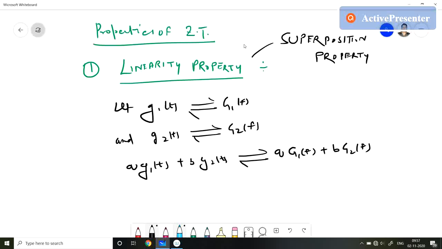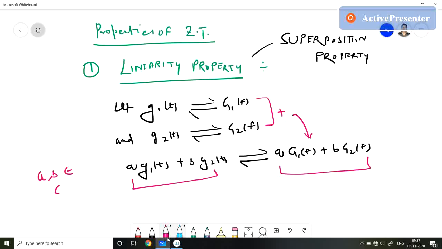This property is called the linearity property. If we take a combination of these signals, we get the combined transform. Here a and b are constants.